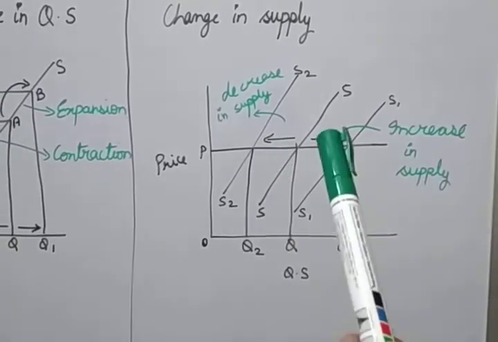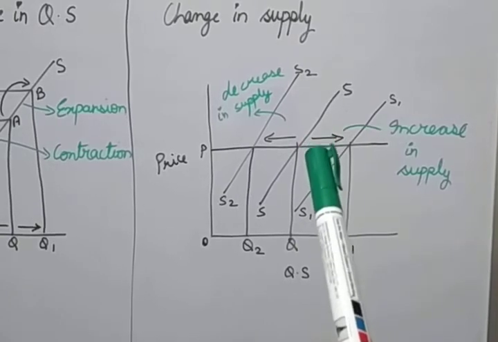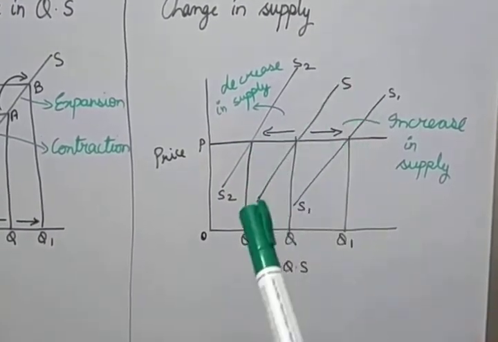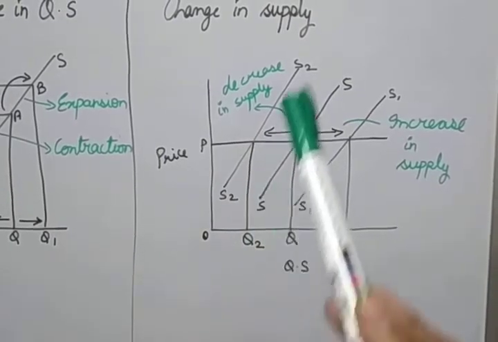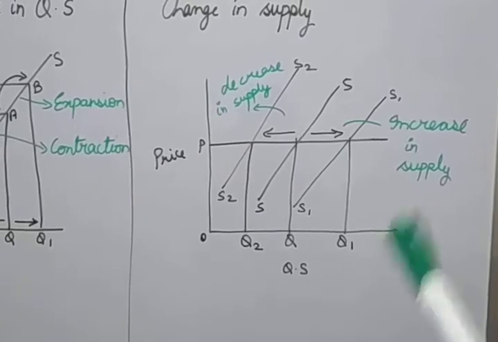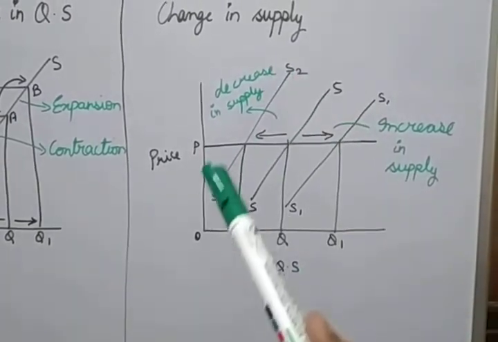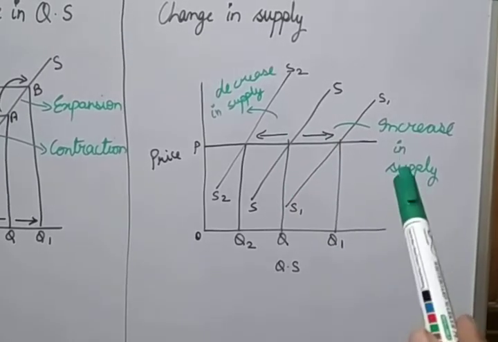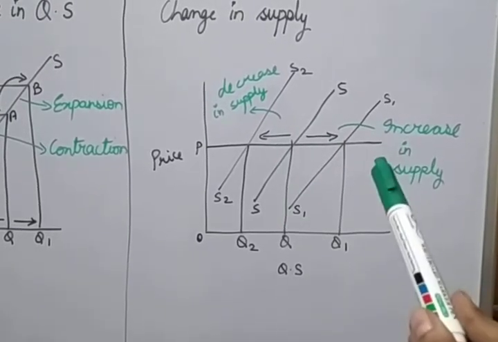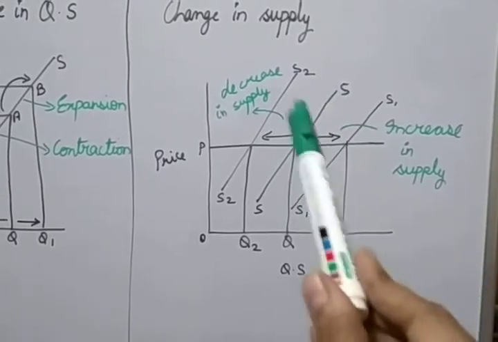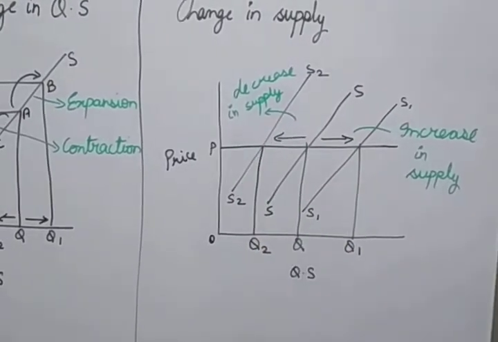Similarly, if there is an unfavorable change, the supply curve will shift backward, or you can say leftward. So the SS curve shifts leftward and becomes S2. So you can see decrease in supply. So here there is no movement along the same supply curve. There is a shift in the supply curve from SS to S1, that means increase in supply, whereas from SS to S2, that is the decrease in supply.